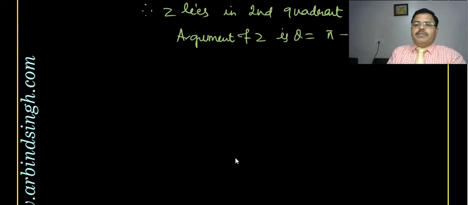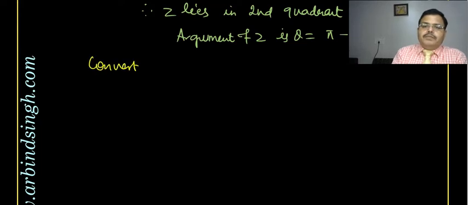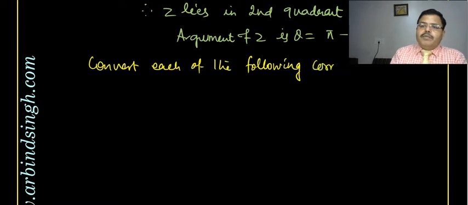representation of complex number. So the first thing is the question which I left, the third question, and the question is: convert each of the following complex numbers in polar form.